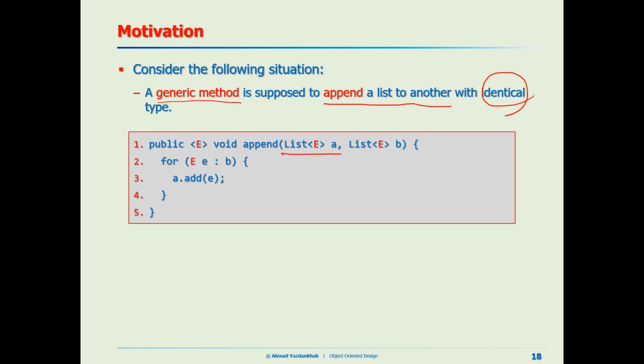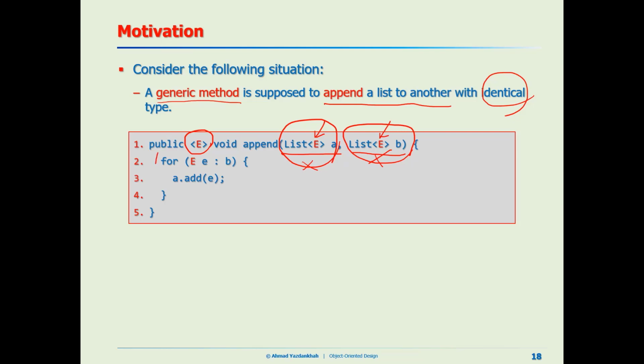Let's call one A and another B, and both of them are the same type. Since this is a generic method, I need to mention the type variable here. And to append one list to the other, we just go over this list and add them to this list.